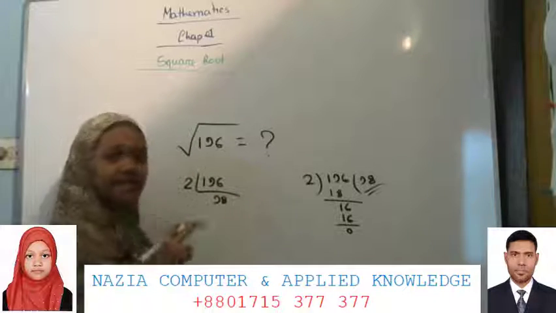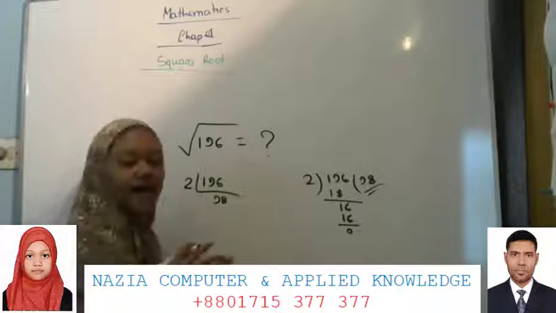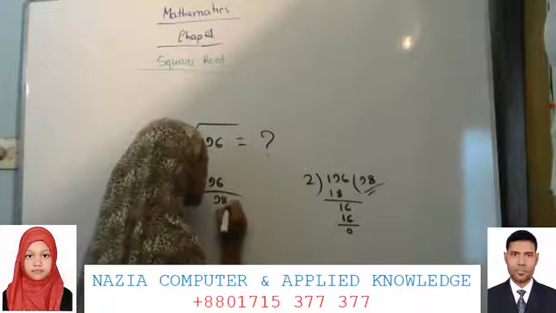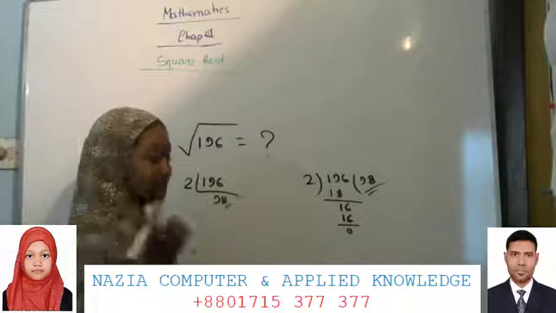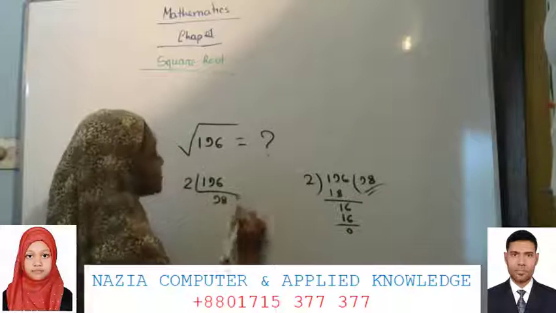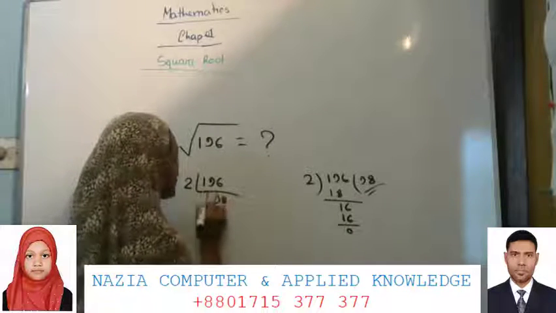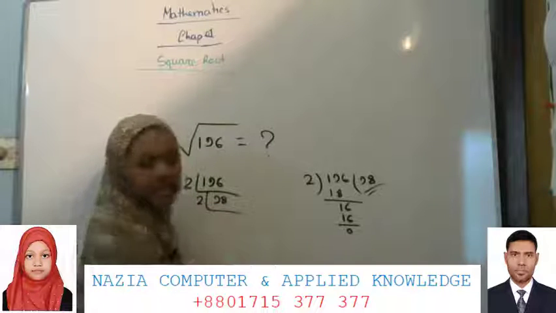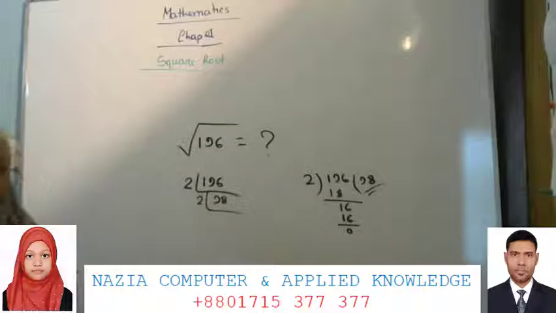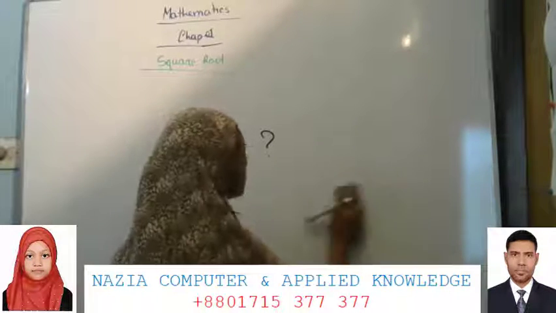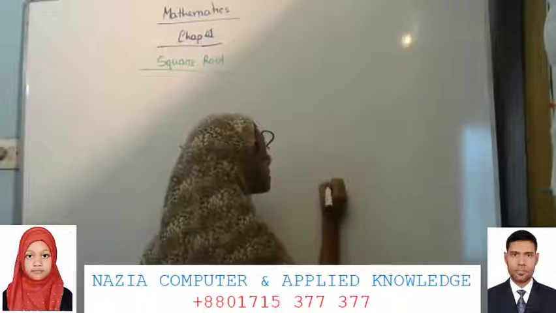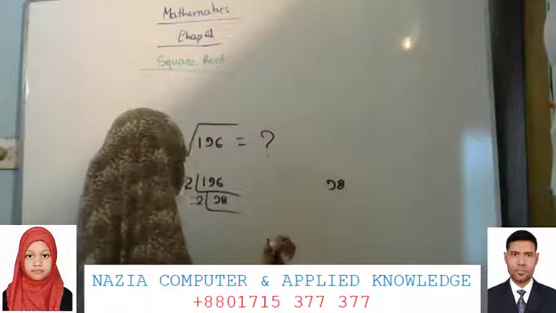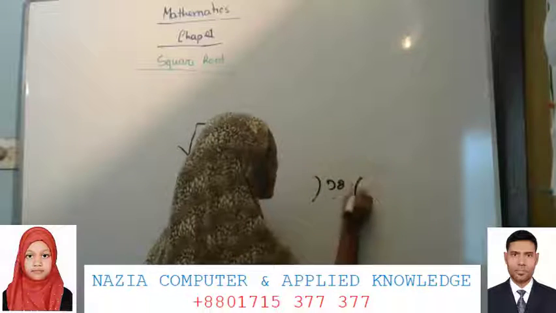Again the 98 is divided by 2 because here is 8 and 8 is an even number, like the previous one. So 98 divided by 2.